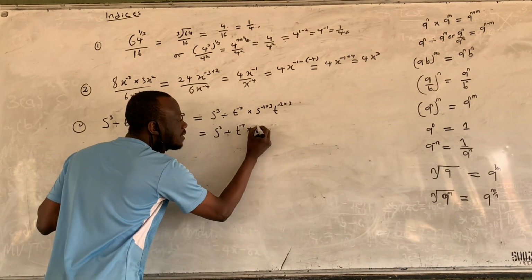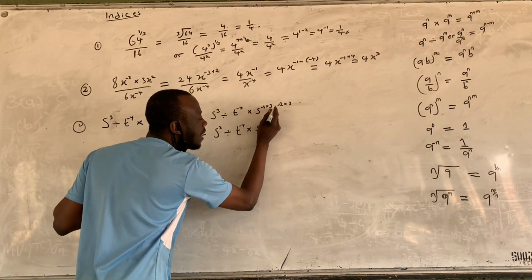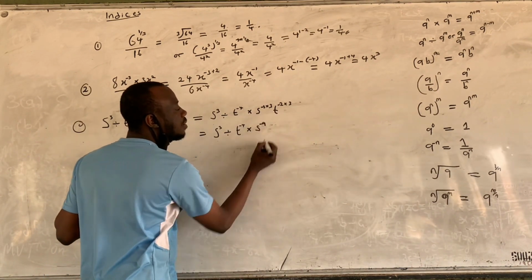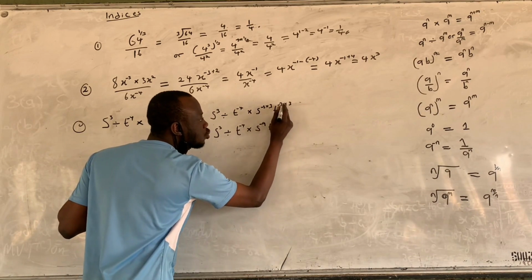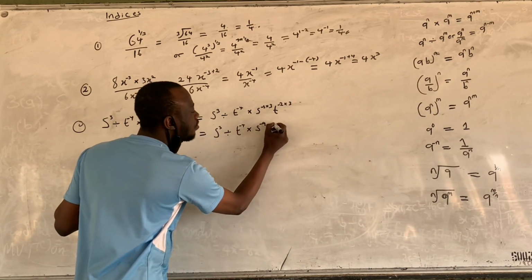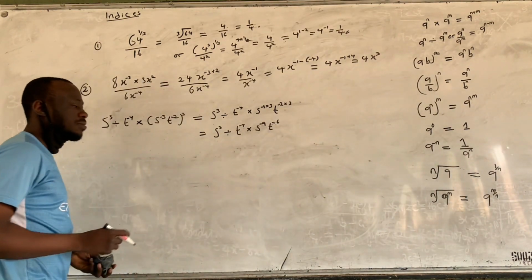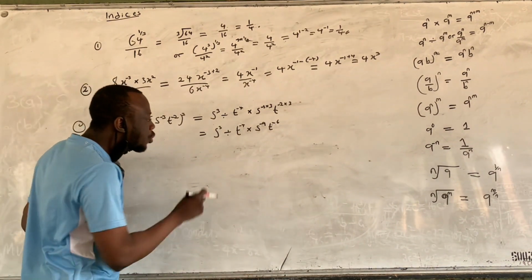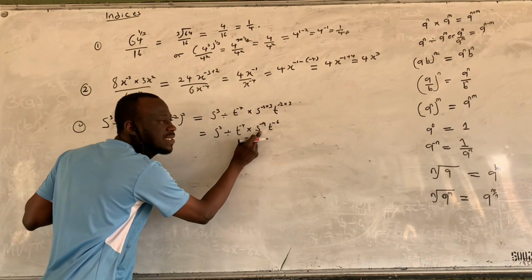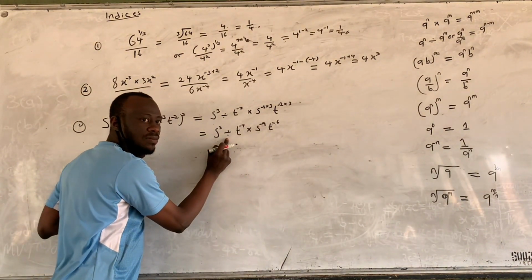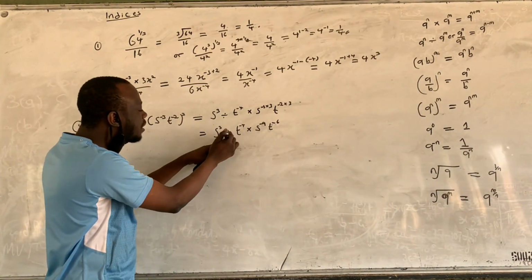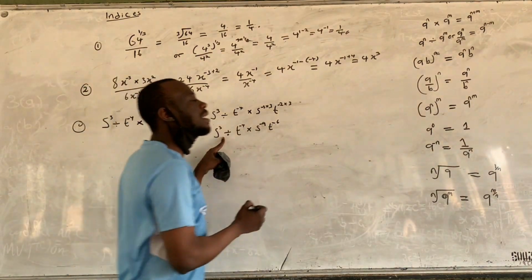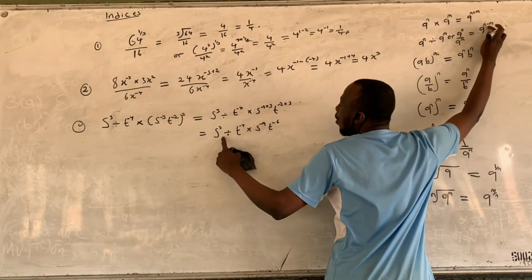Times s to the power of 3 times 3, which is 9, and t to the power of minus 2 times 3, which is minus 6. Now look very carefully. Between this s and this s is a division sign, and whenever a division sign comes in, we subtract the powers.